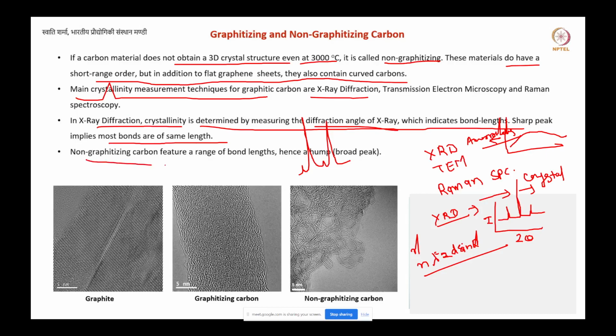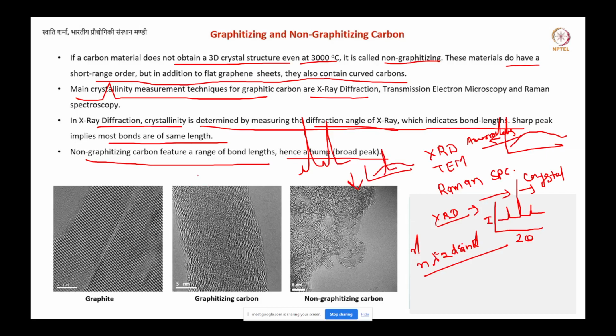Non-graphitizing carbons feature a range of bond lengths, hence a hump or a broad peak will occur. Because it is not a crystal, you will get this broader peak. You will not get a very sharp peak.